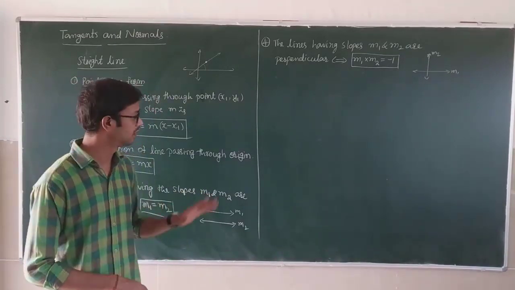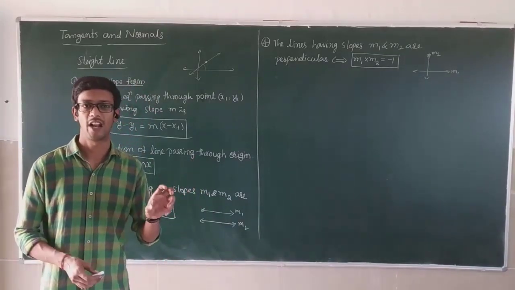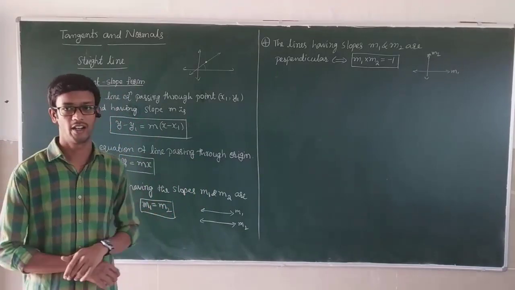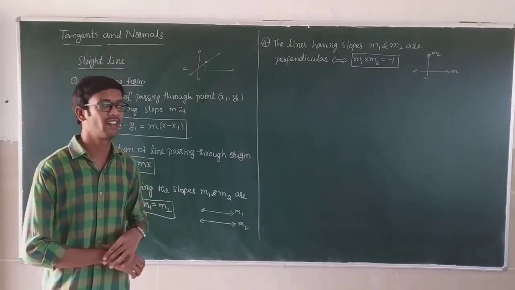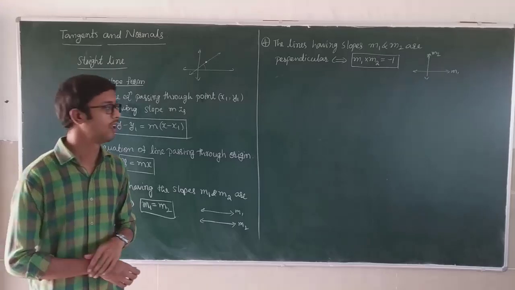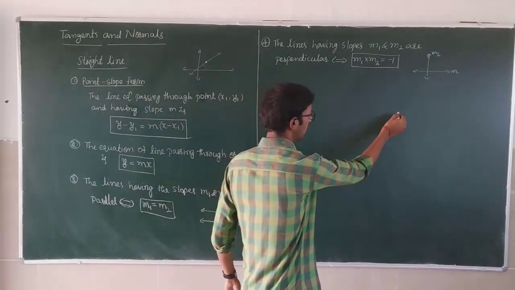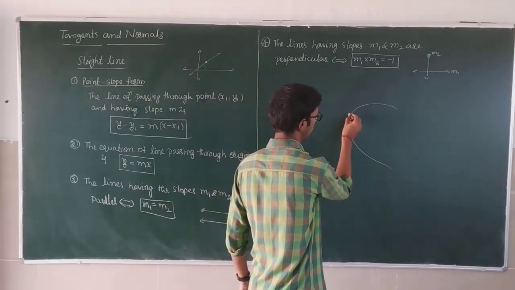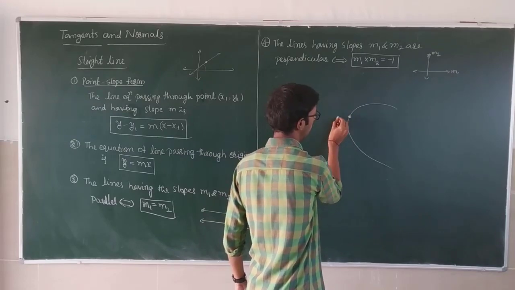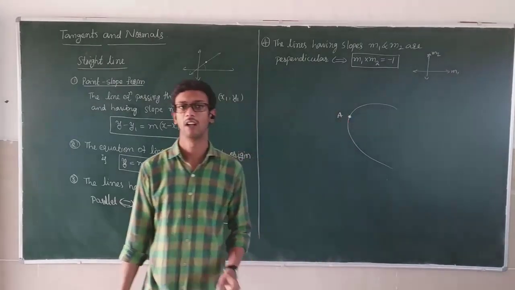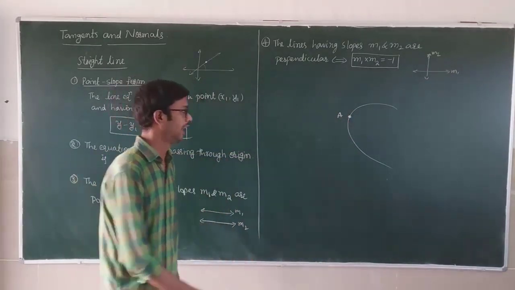These are the basic concepts of straight lines we need for tangents and normals. Now we'll see what is the tangent and what is the normal. Tangent: one curve is there, and one point A on the curve.